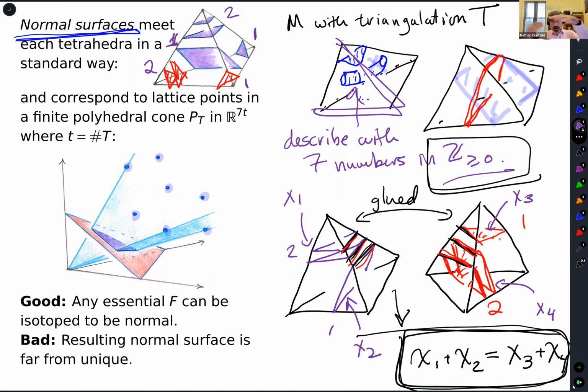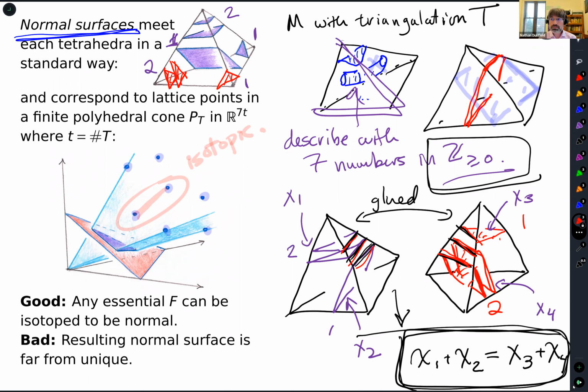When you move the surface through the manifold, it might become non-normal for part of it, and then the numbers can change. So you might have different points here that are really isotopic surfaces. We have to worry about that because we're trying to count them.